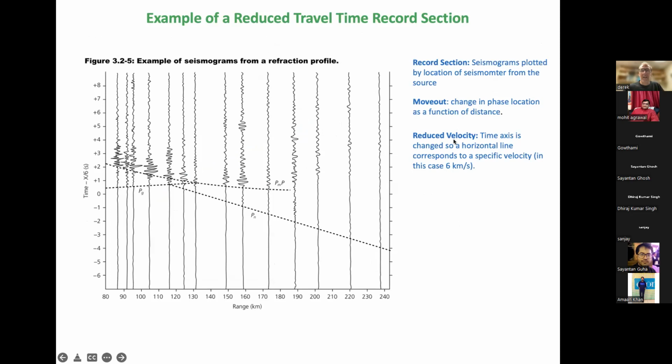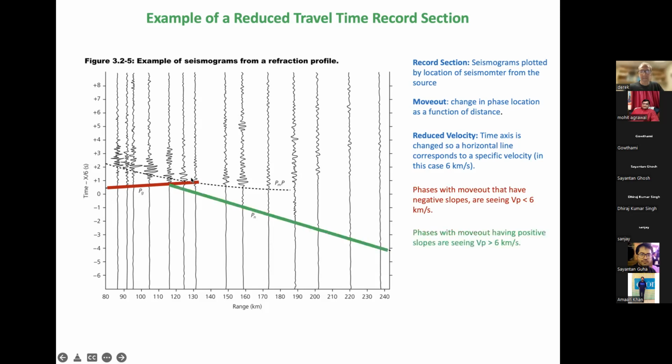The reduced velocity means this time axis is changed, so a horizontal line would correspond to a specific velocity, in this case, 6 kilometers per second. So phases with a move out that has a negative slope have a velocity that's less than 6 kilometers per second.